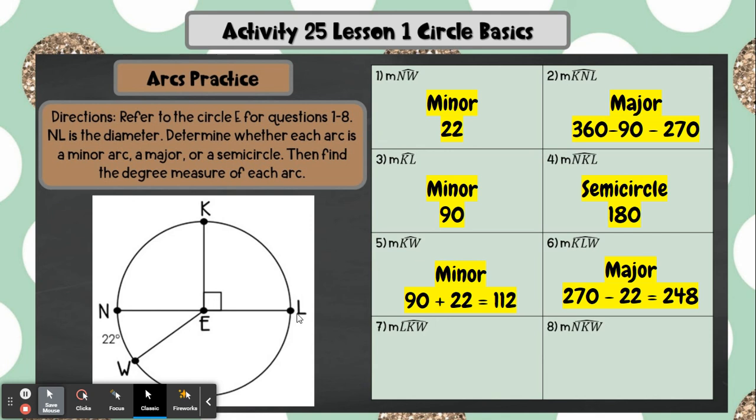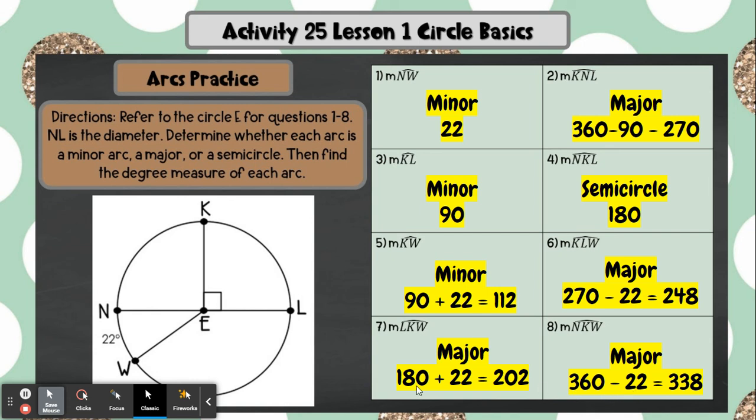And then I'm going to go the other way, LKW. This is 180 plus 22, that's 202. So this is a major arc. And the last one, NKW, all the way around, 360 minus 22 is 338 degrees. This is a major arc.